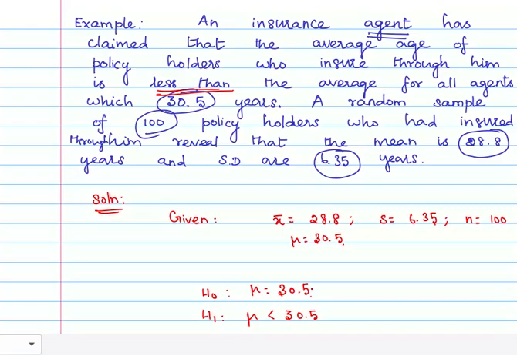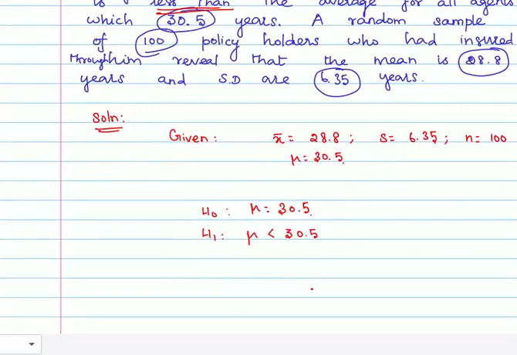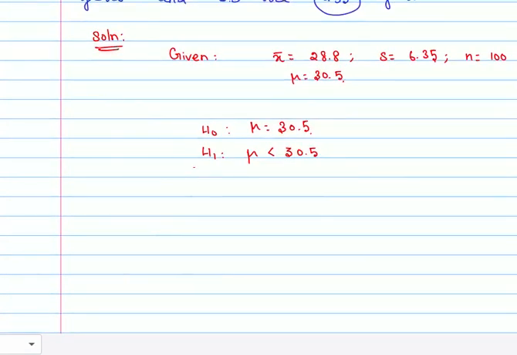In this problem they didn't give the standard deviation of the population, but only the sample standard deviation. So in this case it falls under the second case. The formula I have to use is Z equals x bar minus mu divided by s divided by square root of n.